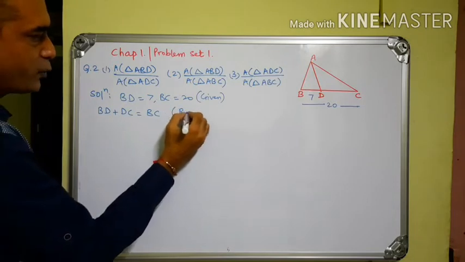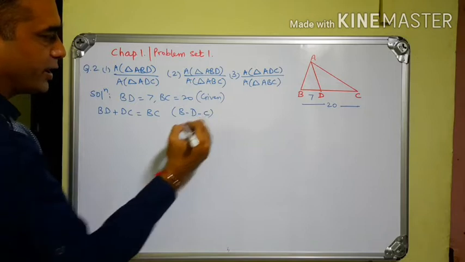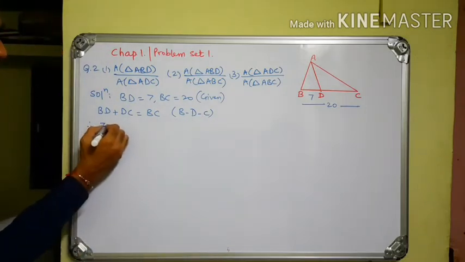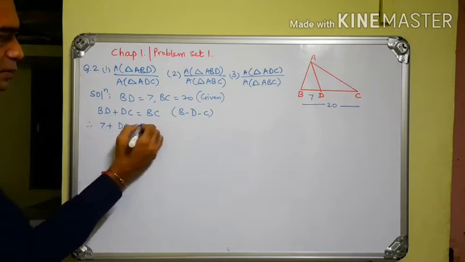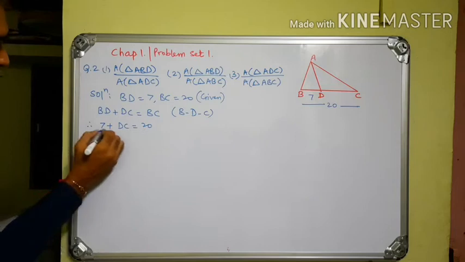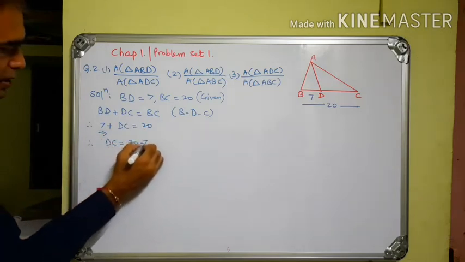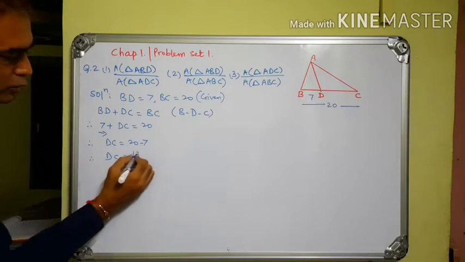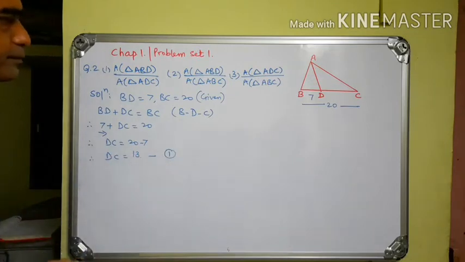Reason: because these are collinear points, B-D-C. Therefore BD is 7 plus DC, which we have to find, equals BC 20. Therefore DC equals 20 minus 7. Therefore DC equals 13 units. This is point number 1.